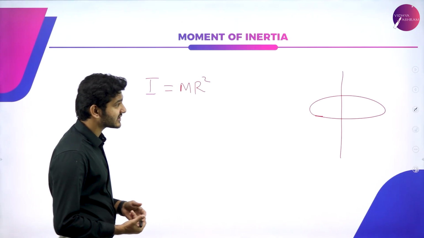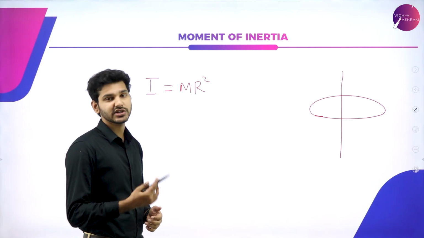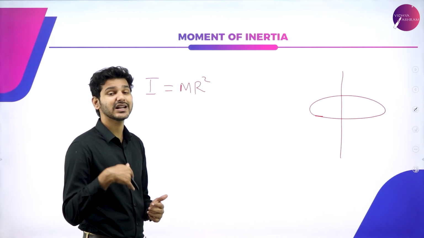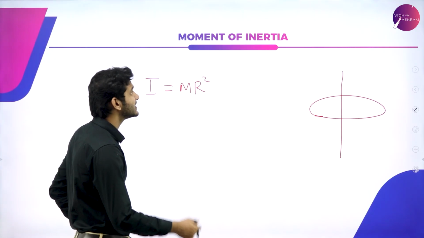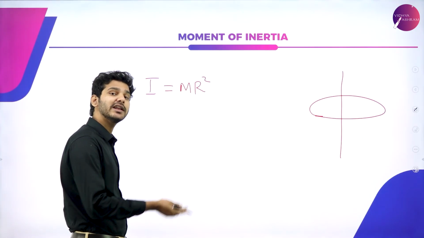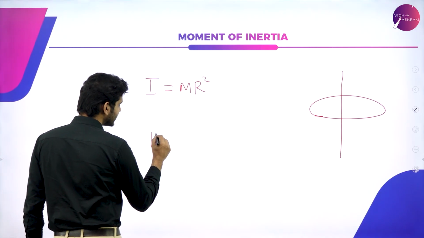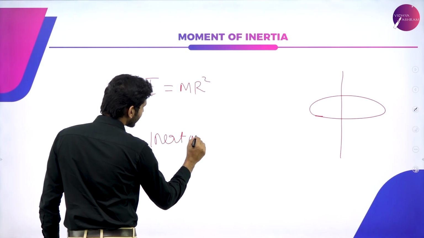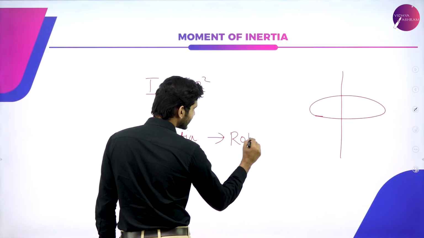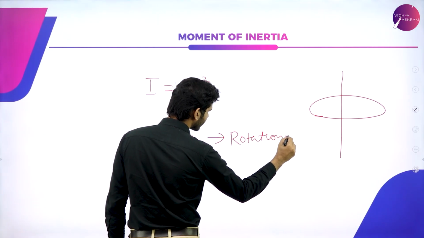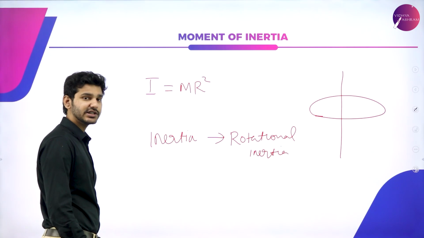And moment of inertia is nothing but the measure of reluctance of a body to undergo rotational motion. Understand, just because there is inertia, it is not analogous to inertia in linear mechanics. In linear mechanics we write inertia, and we have to write rotational inertia in rotational motion.